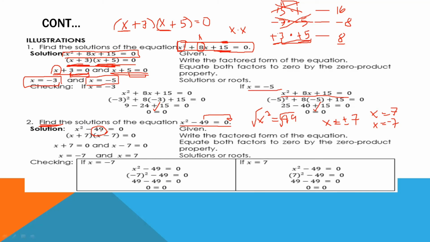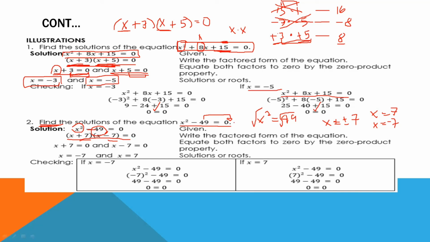Ano ba yung factor ng 49? So, positive 7 and negative 7, kasi positive 7 times negative 7 is equal to negative 49. So, equal na siya. Then, get the factor of the quadratic term, which is x squared. That is equal to x times x. So, therefore, the factor of x squared minus 49 is equal to x plus 7 times the quantity x minus 7, then equal to 0.